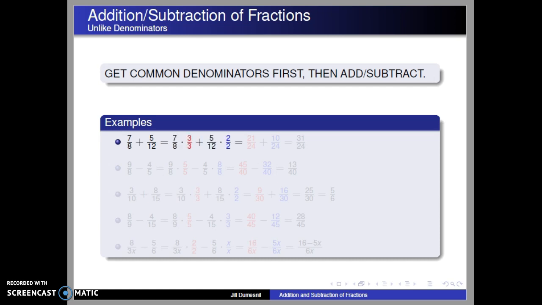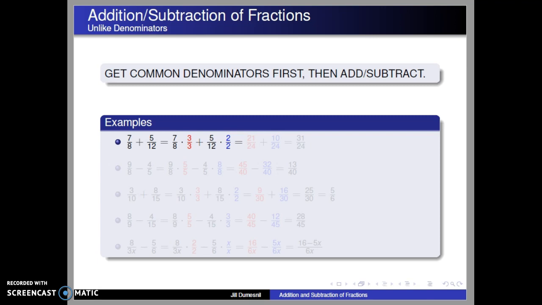So we rewrite 7/8 as 7/8 times 3 over 3, and rewrite 5 over 12 as 5 over 12 times 2 over 2. Notice that multiplication of any number by 1 maintains equality.